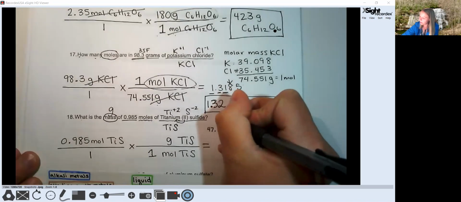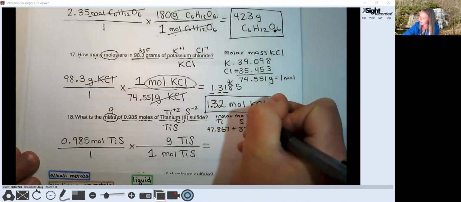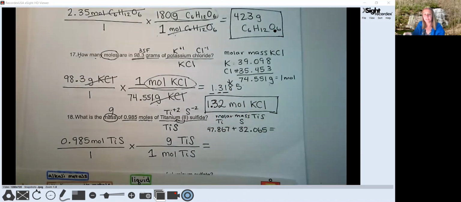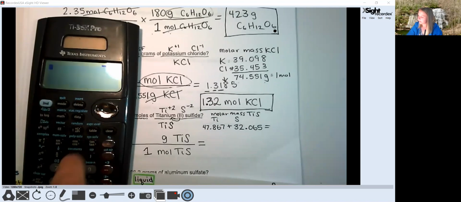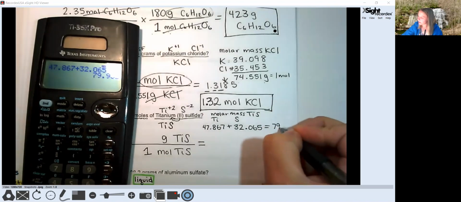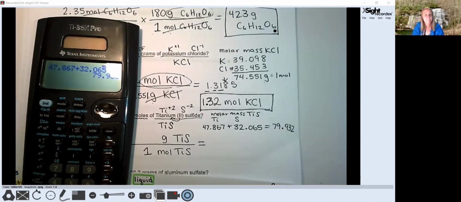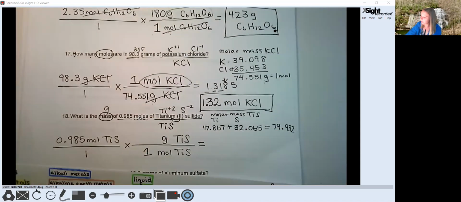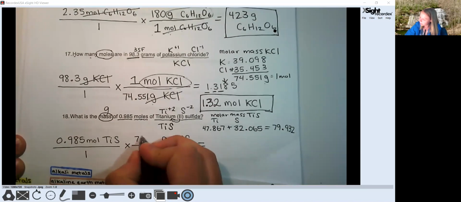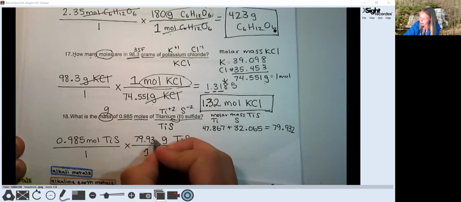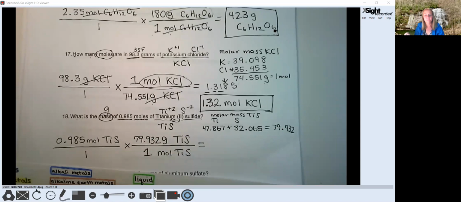I'll label this molar mass of TiS. Let's do this in our calculator because I can't do that kind of math in my head. 47.867 plus 32.065. So I got 79.932. I'll put this in for my number of grams. There's 79.932 grams in every 1 mole of TiS.